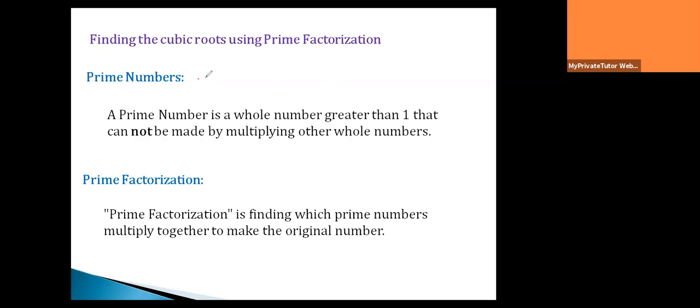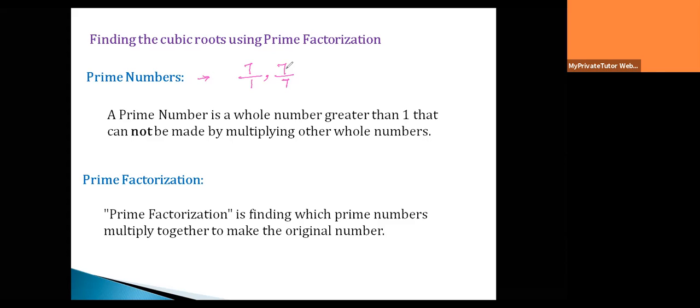Prime numbers are the numbers which are divisible by 1 and itself only. For example, 7 is divisible by 1 and 7. We can't divide 7 by any other number. If we do, we'll get a decimal number, not a whole number.